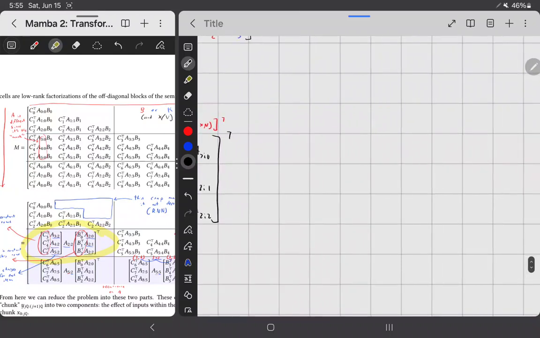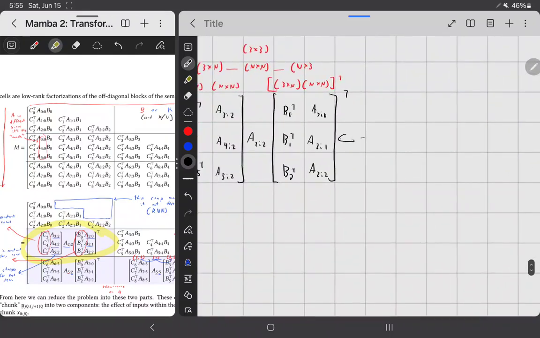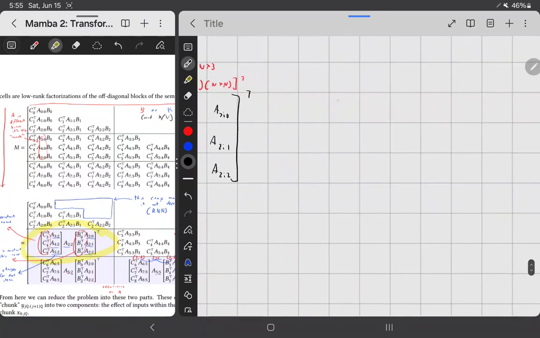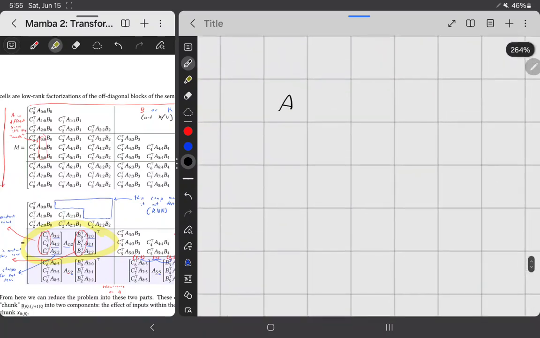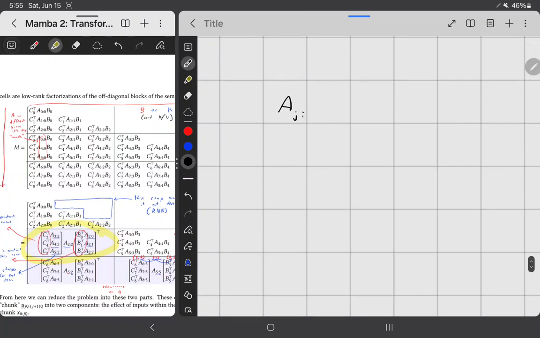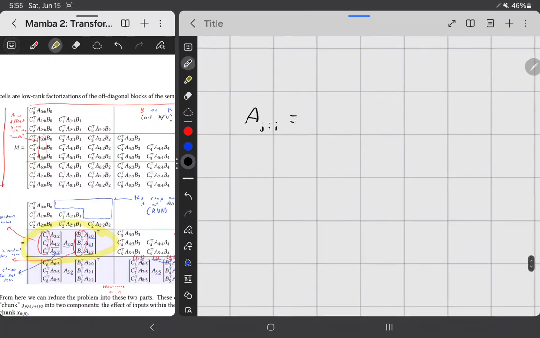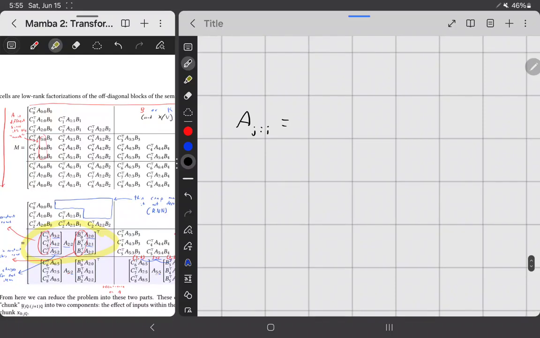Real quick, before I go through this, just showing that this is equivalent. This A indexing, which looks like crap, is equivalent to, so A J to I is equivalent to A J times A J minus 1 times all the values between there and I plus 1. It just is.